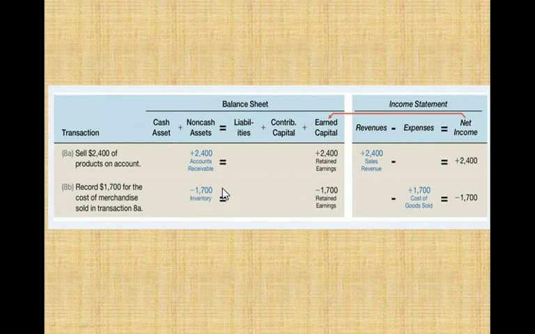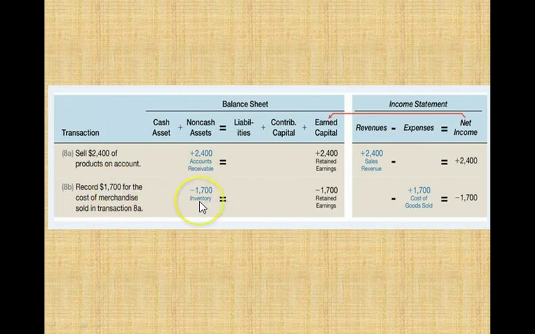However, since we moved assets, MBS sold assets, they have to record that transfer of assets from the balance sheet to the expense. So the $2,400 of revenue is attached to the cost of that merchandise, which was $1,700.